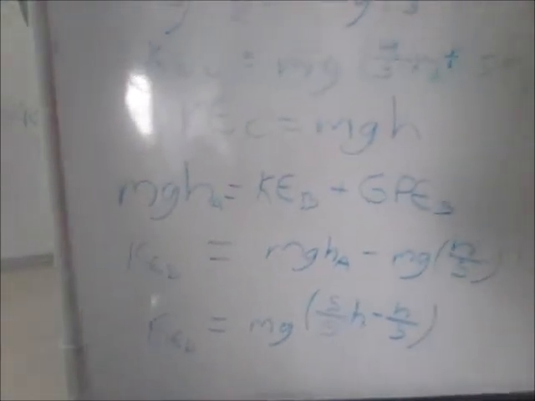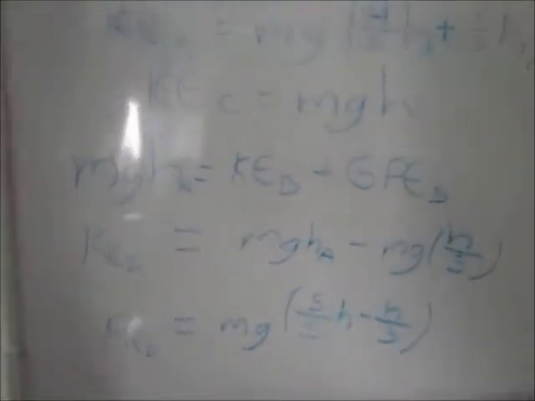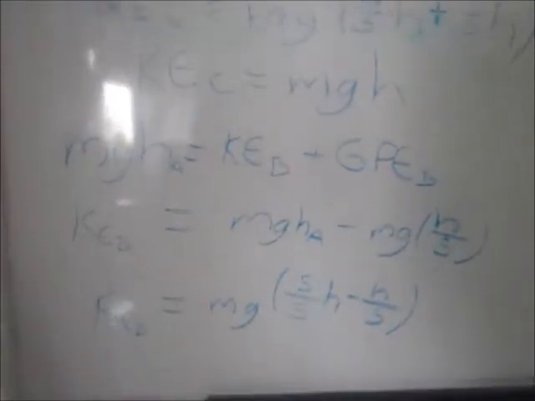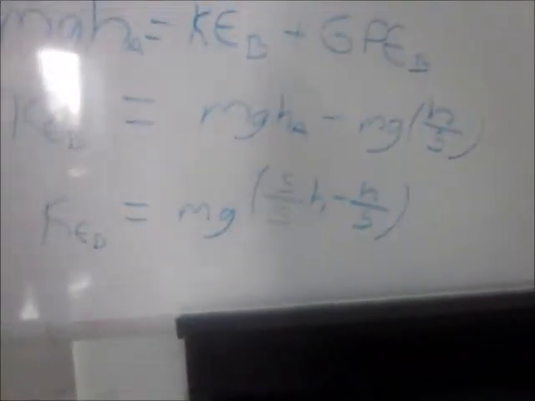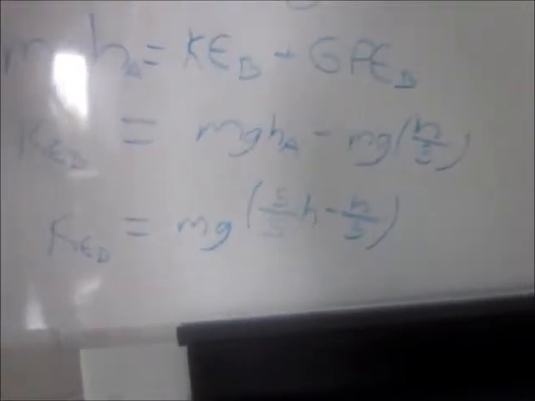The GPE at point B and the kinetic energy at point B: the kinetic energy at B is mass times gravity times 5 over 5 height minus height over 5.